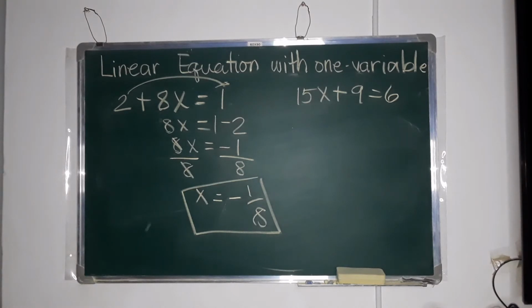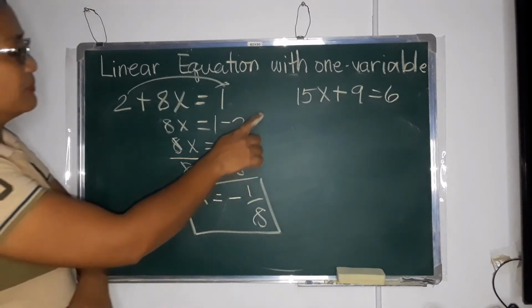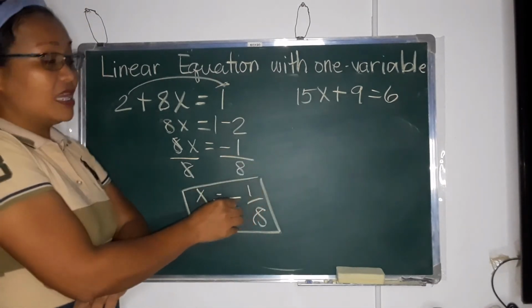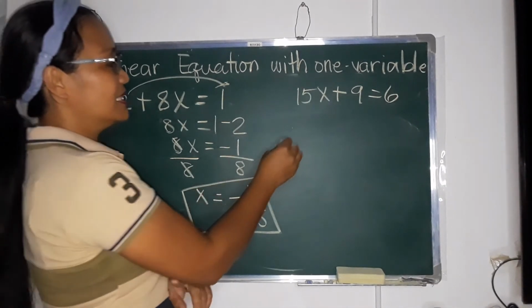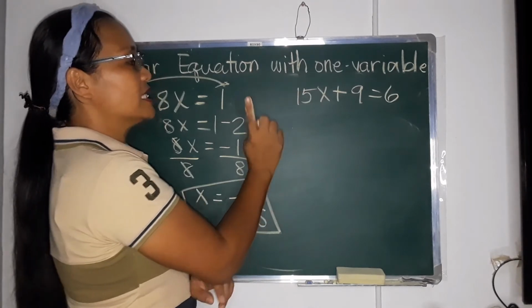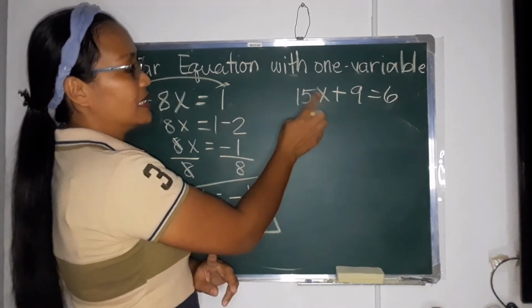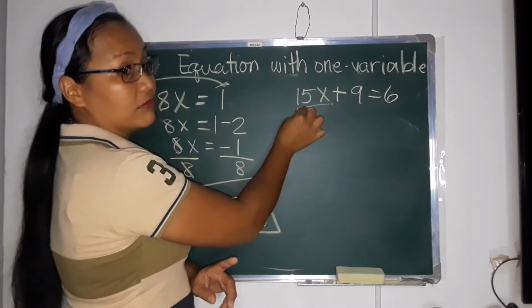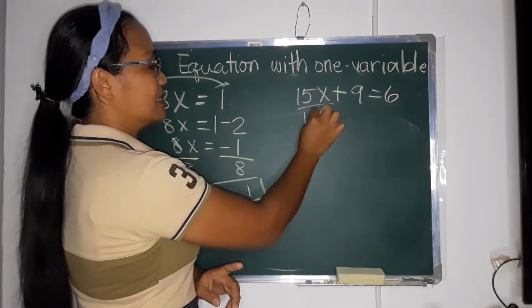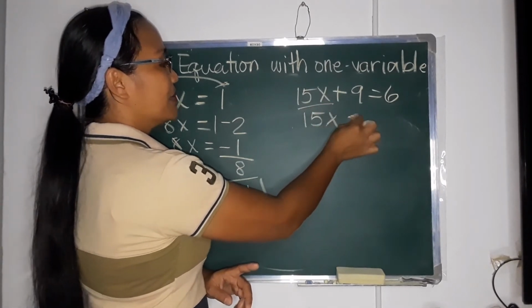Let me check. Okay, that's correct. Next, number 4. Same with number 4, the same steps. First, we're going to isolate the variable. So we have 15x, just copy. Copy the equal sign.